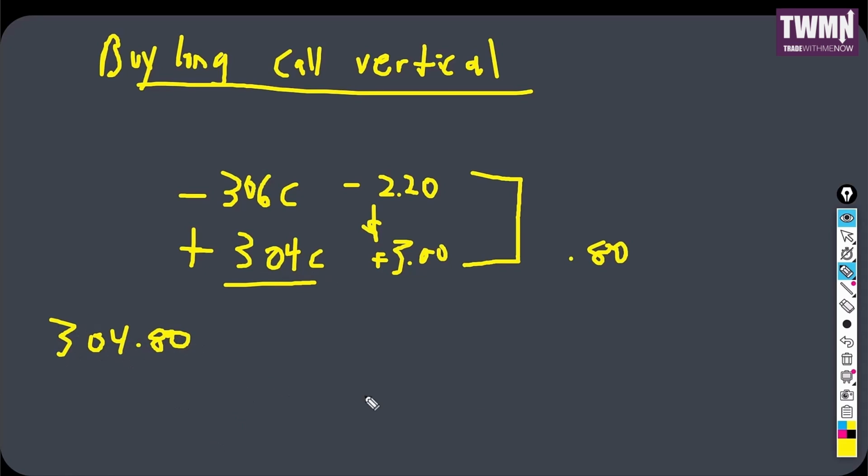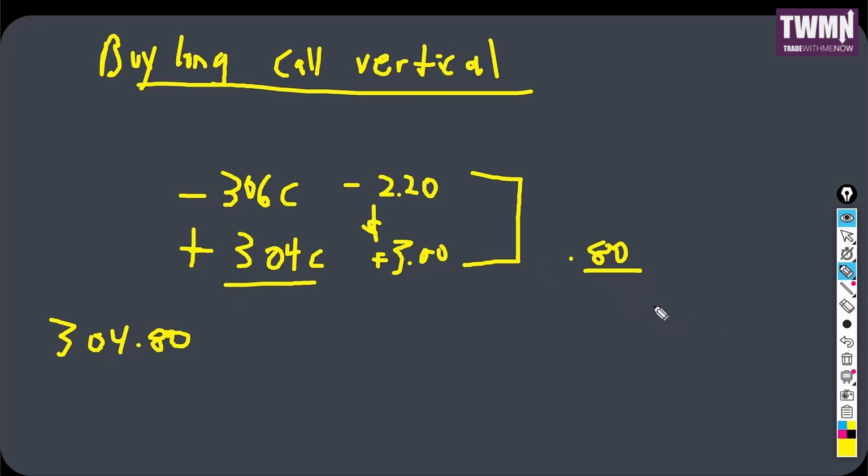Right? Because if price finished at 304.80, what would you get paid on the 304 call? You'd get paid 80 cents, wouldn't you? At 304.80, you'd make $80. And the cost was $80. That's why 304.80 is your break even. Okay, that makes sense, right?